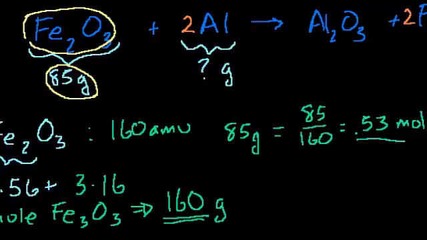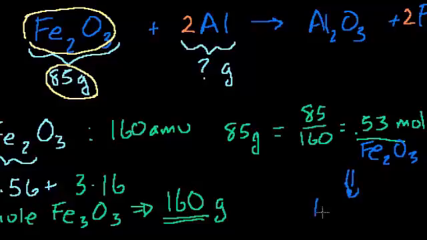And we know from this balanced equation that for every mole of iron 3 oxide we need 2 moles of aluminum. So if we have 0.53 moles of iron 3 oxide, then we're going to need twice as many aluminum.